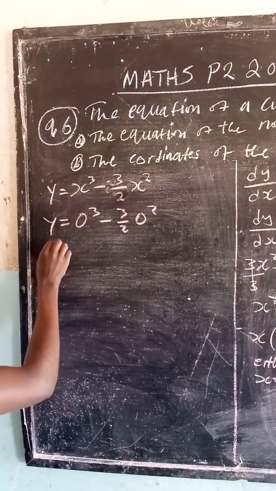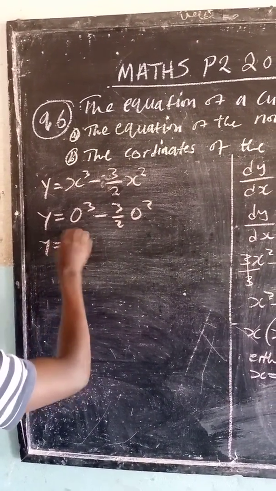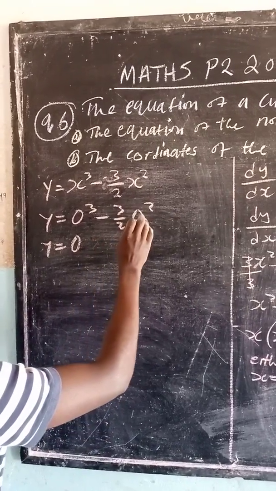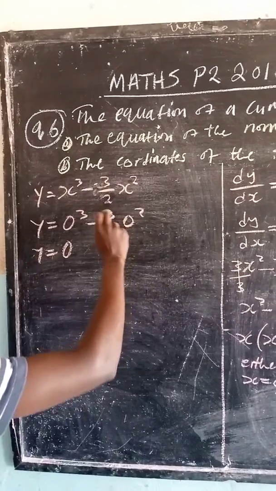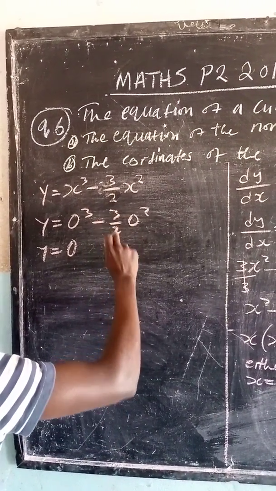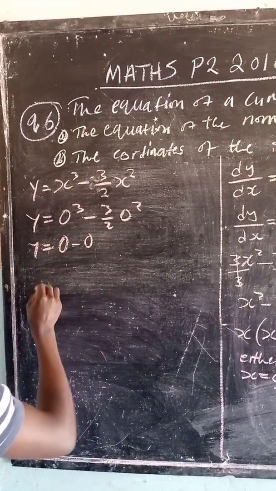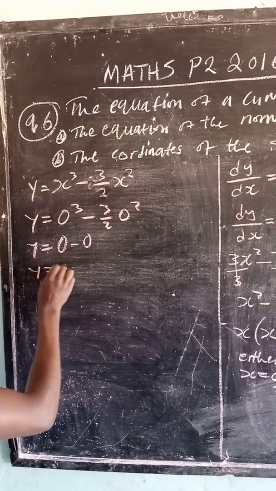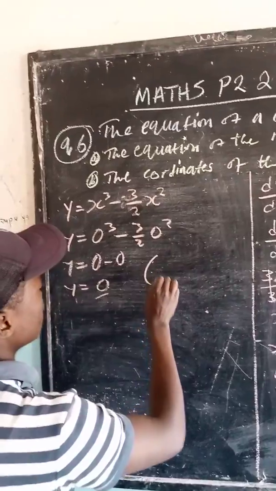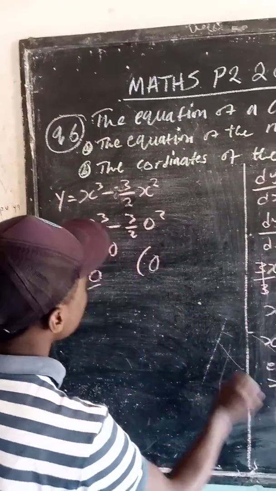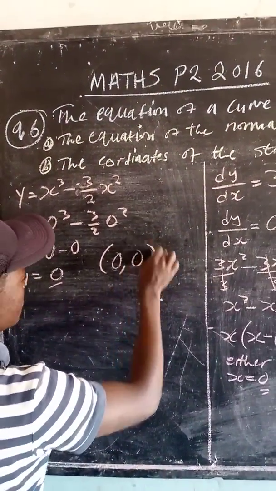Zero cubed, the answer is definitely 0. Then 0 squared, it is 0. Times 3, 0. Divide by 2, 0. So we have 0 minus 0, which is equal to 0. So the first coordinate is 0 for x and 0 for y.